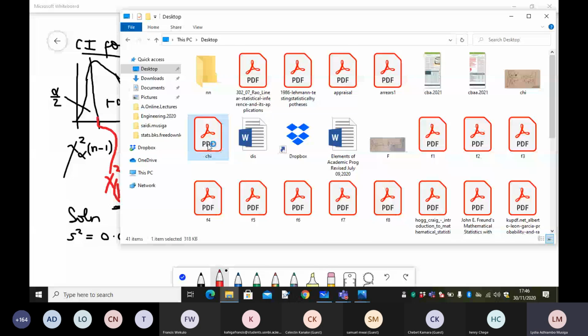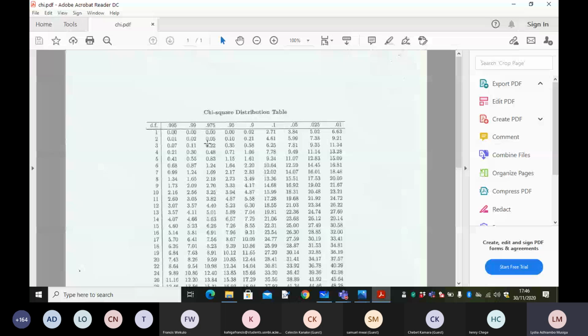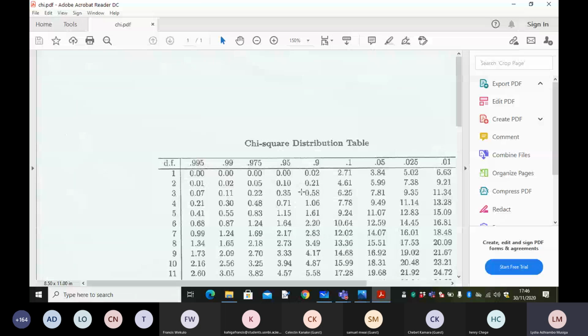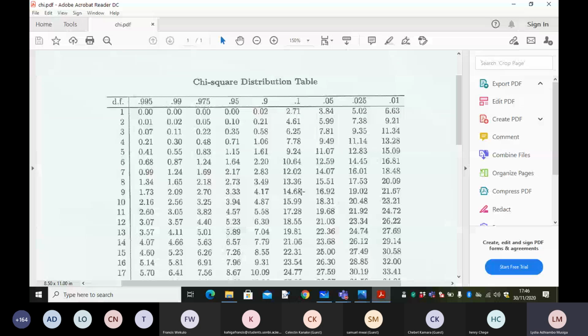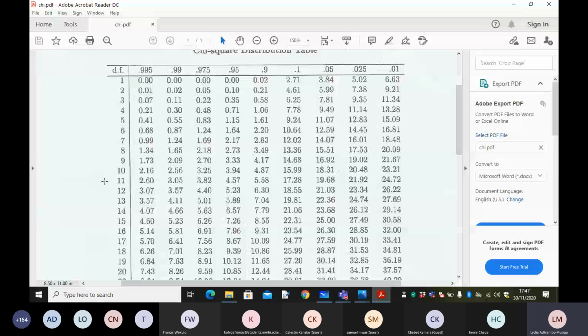Chi-square distribution. We are looking for 11 degrees of freedom on the left, and 0.025, which is in the second last column.